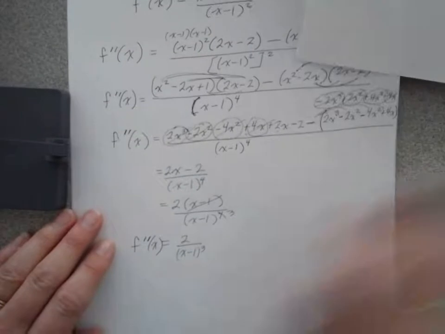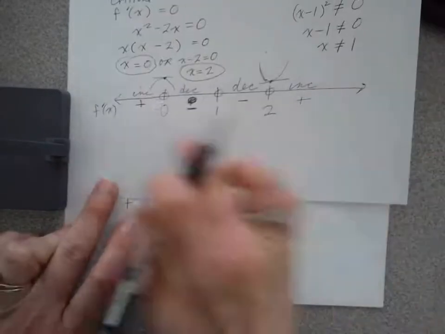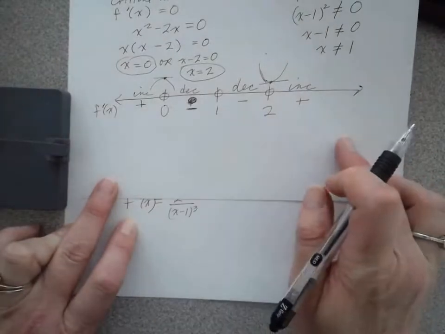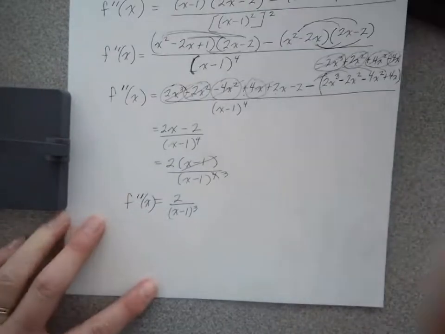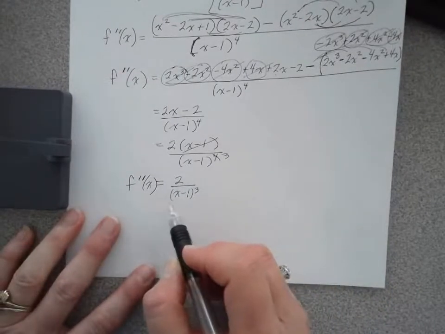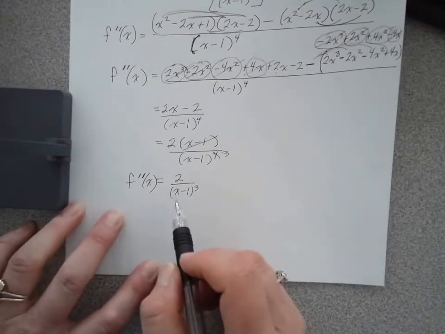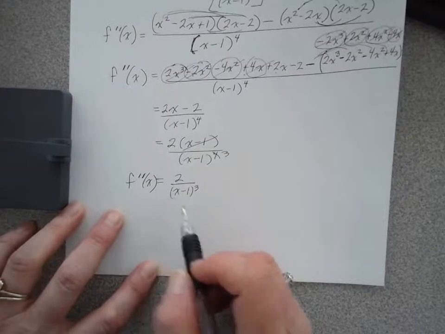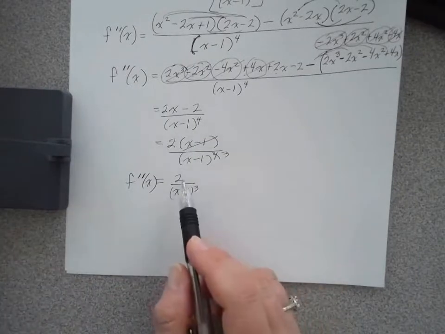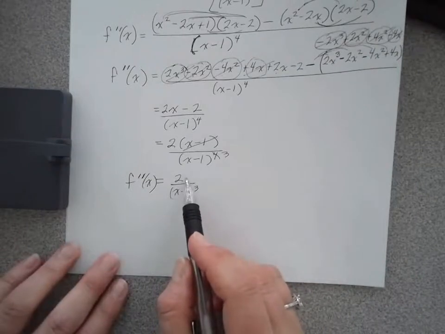Okay, so now we need to find the critical value for the second derivative so we can see where that fits on our graph here. So you want to find where the second derivative is equal to 0 or where it's undefined. Is there anywhere where it can equal 0? No, because it's a fraction, and the only way that fraction is going to be equal to 0 is if the numerator is equal to 0, right?